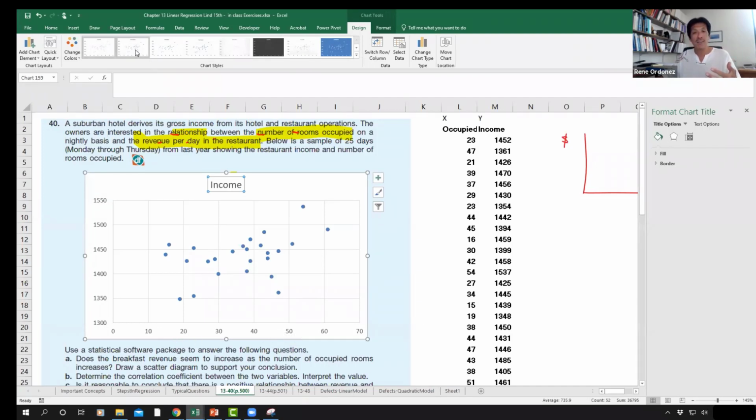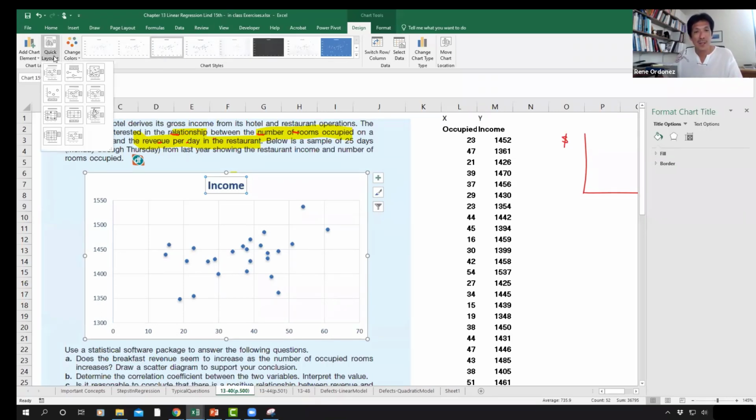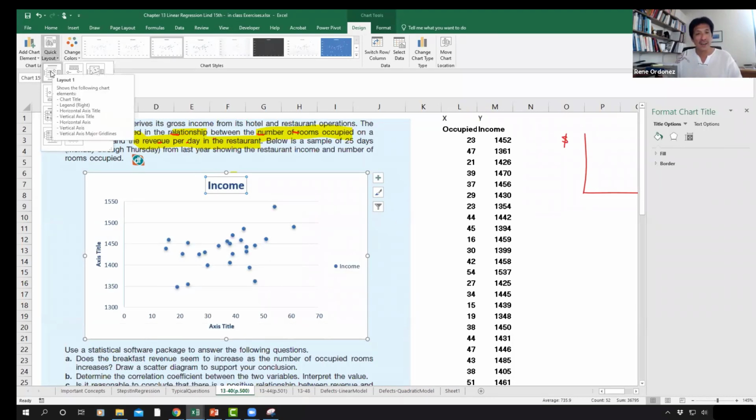Excel will give you various options for graphs. As I click these options here, the layout or the design, note that it changes. What I would want is to use this quick layout, and under the quick layout you can have these different options. So let's select this first one. The first option allows you to create an x-axis title.